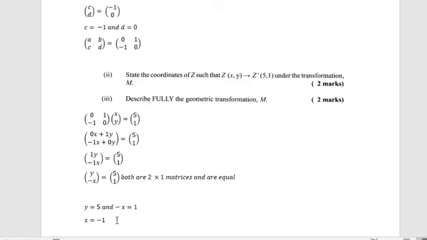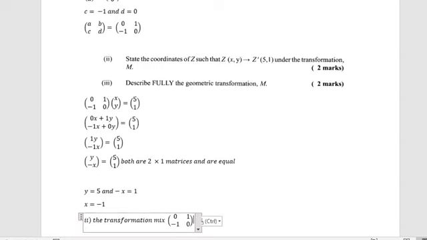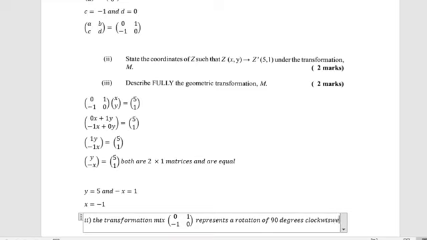So part 3, the transformation M, which we worked out there, represents a rotation of 90 degrees clockwise about the origin O, and that is the answer there.